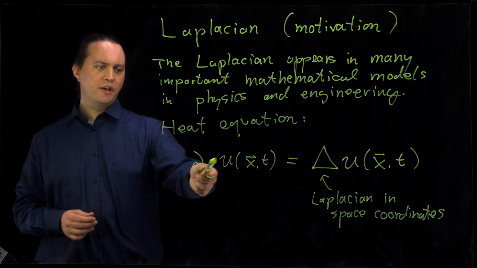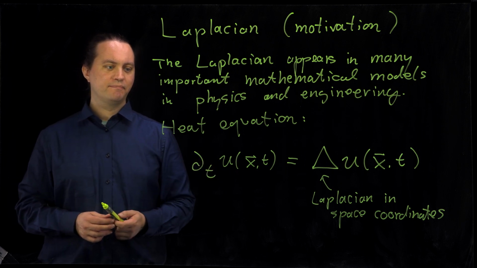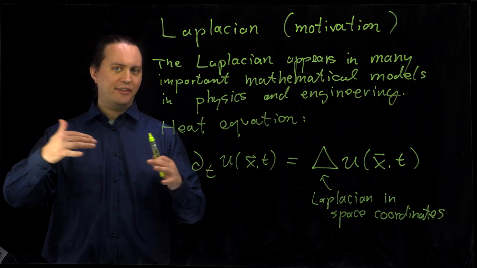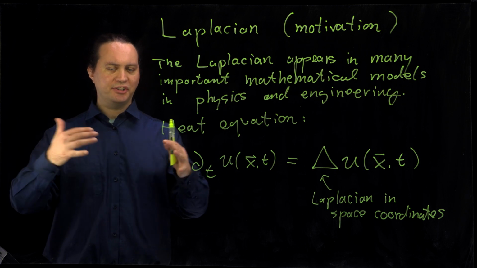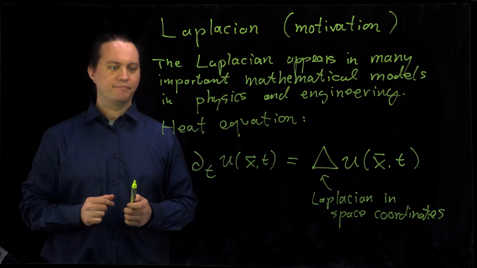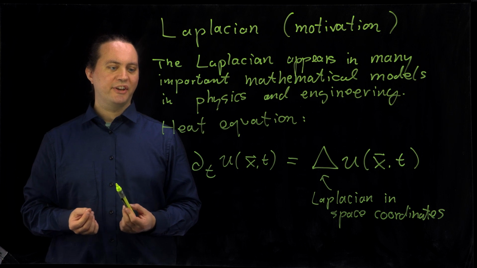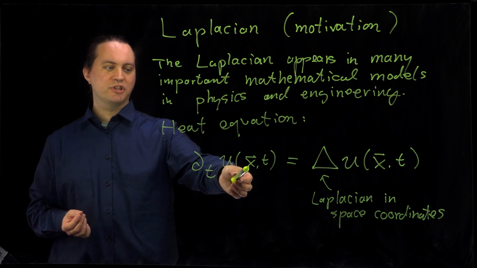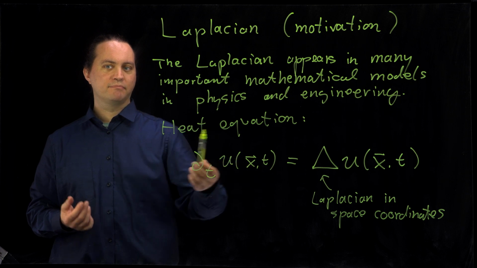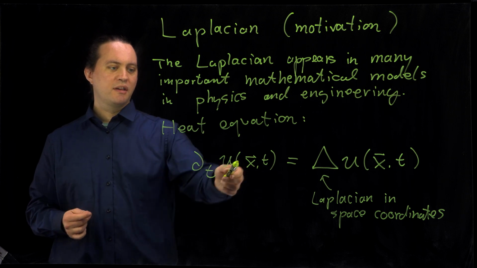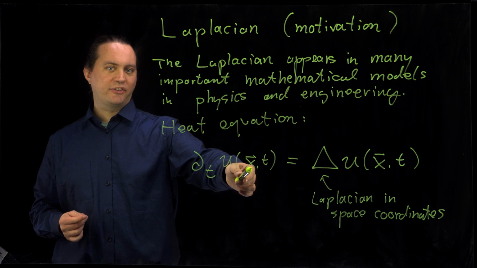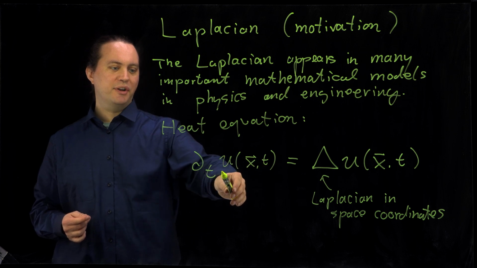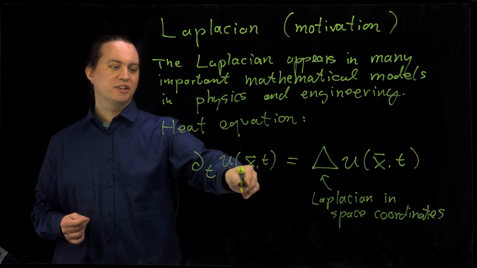In this case, u is a scalar field that describes the density of, for example, heat over time and in space. The heat equation tells us that the time derivative of u at position x and time t, which means given a position x at some point in time t, how does the heat concentration change in time?